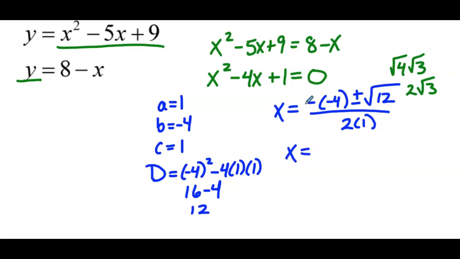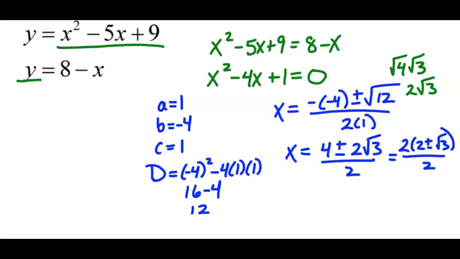So simplifying, negative 4 is positive 4, plus or minus 2 times the square root of 3 all over 2. In the numerator, we can factor out a 2. 2 plus or minus the square root of 3 over 2. The 2 in the numerator and the denominator simplify. And we have x equals 2 plus or minus the square root of 3.